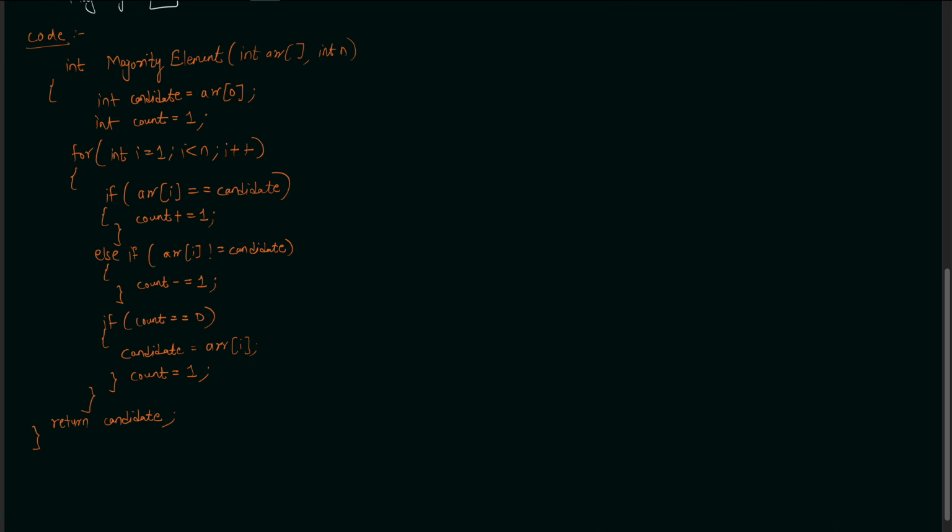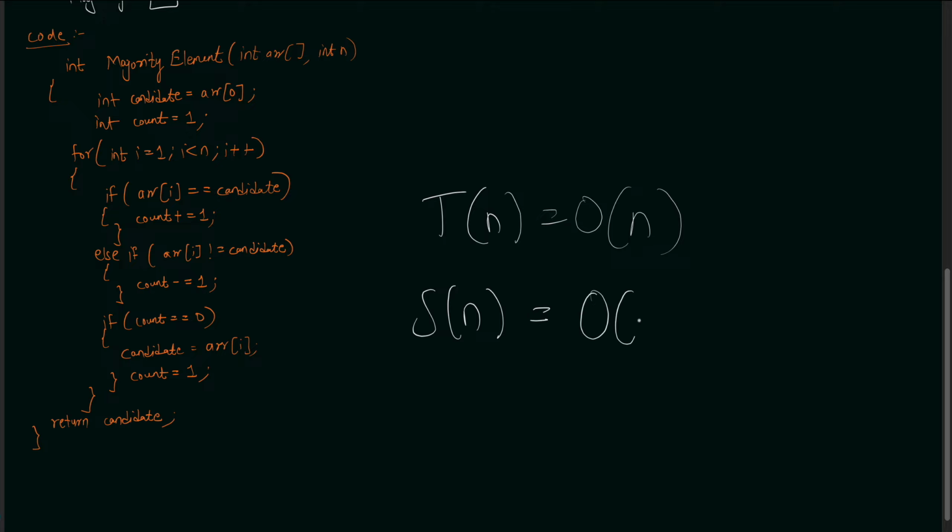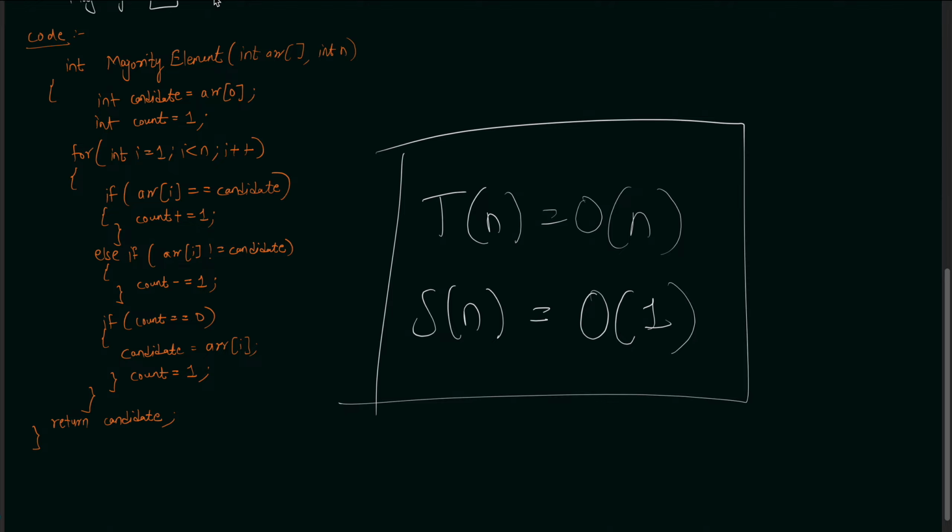Now let's quickly see the time complexity and space complexity. The time complexity will be order of n. Why? Because we are traversing the array one time. What is the space complexity? We are not using any extra space, so the space complexity is order of 1, right? So this is the improvement that this Moore voting algorithm does.